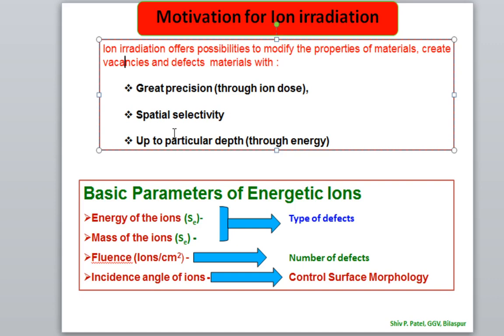If you want to modify the material up to, let us say, 10 micron or 15 micron, you have to increase the energy. So this depth modification can only be done by ion irradiation by using the energy of the ions. Whatever I am explaining is not possible by any other technique, and these are very controlled techniques.